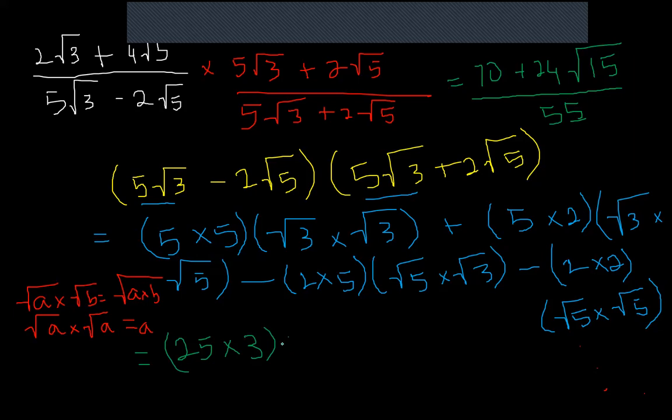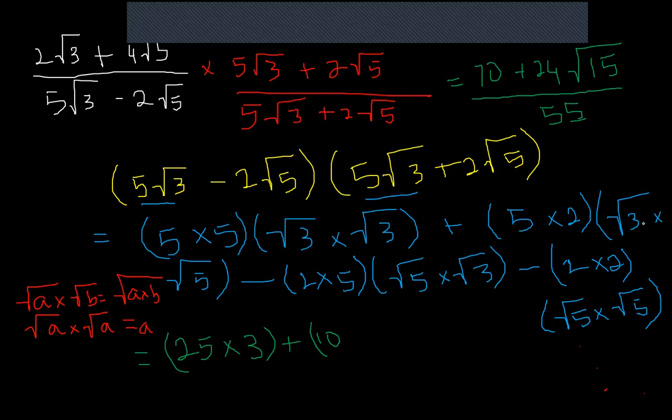Next one. So put back my addition sign. 5 times 2, 10. The square root of 3 times the square root of 5. You know, when multiplying surds, we have these two rules to look at. What you need to determine is which rule you're going to use. You're going to use this one, or you're going to use this one. These are unlike surds.